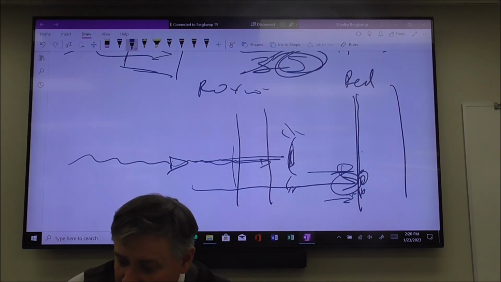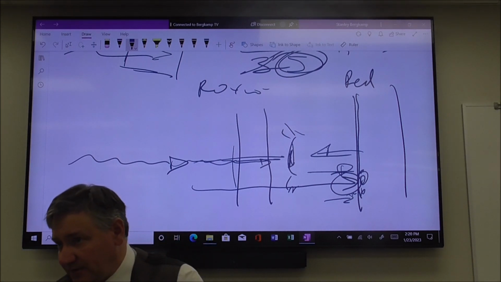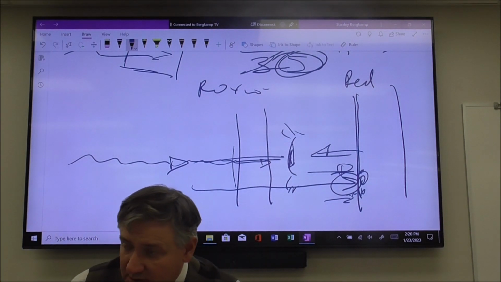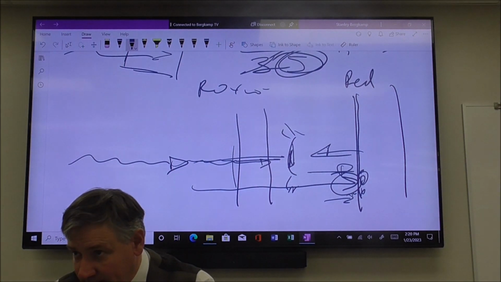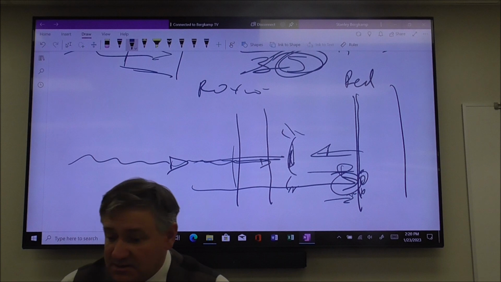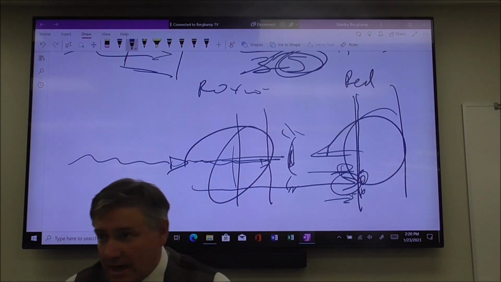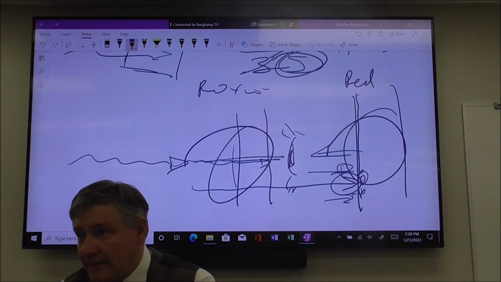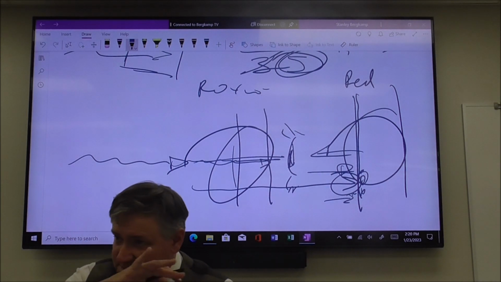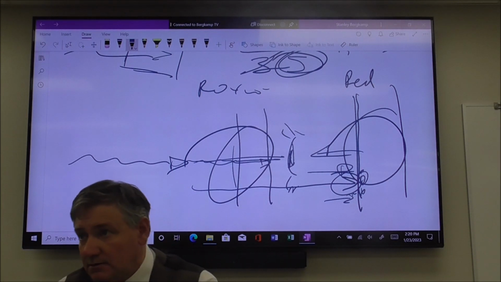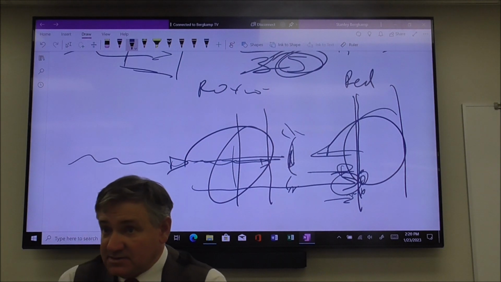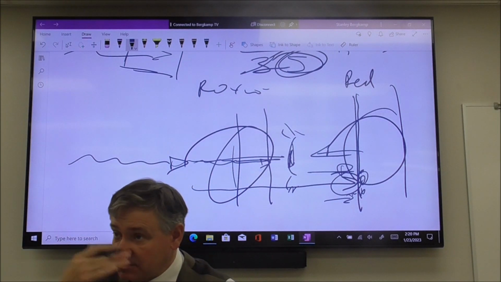So that red light bounces off, and all the other ones get absorbed. That's the difference between glass and a wall. There's no interference with glass; those photons act like they're not there, because there's nothing to absorb them.